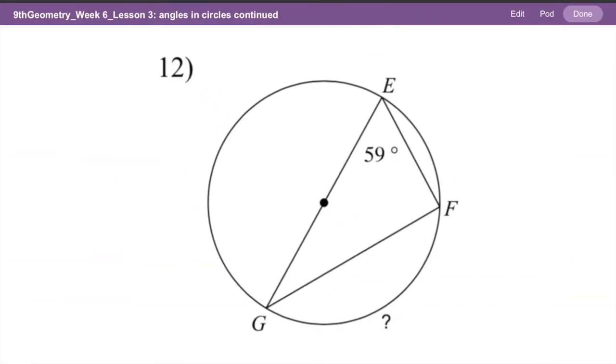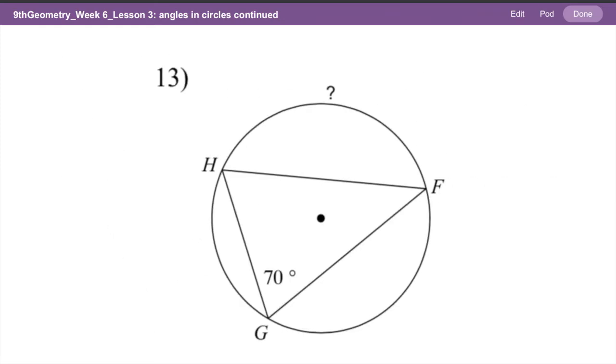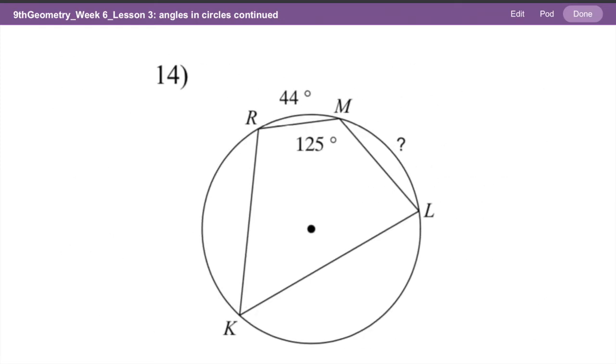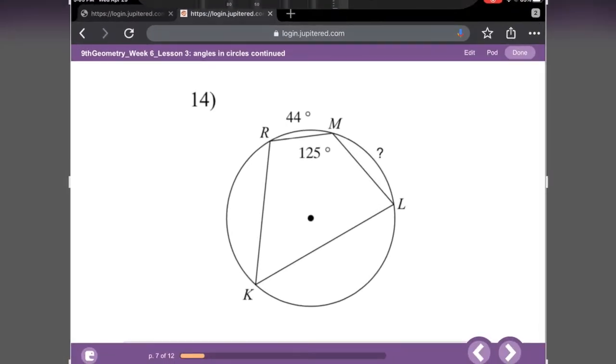Okay, great. Let me just move on ahead to one of the newer problems. Here's one that involves some new information. In this quadrilateral that's inside of a circle, we're going to use some of the old information that we've learned, in addition to this new fact that the opposite angles add up to 180 degrees. This angle says 125. Its opposite angle is this one right here.